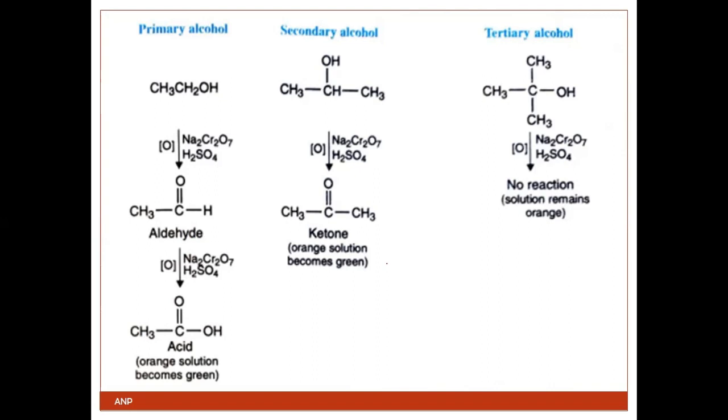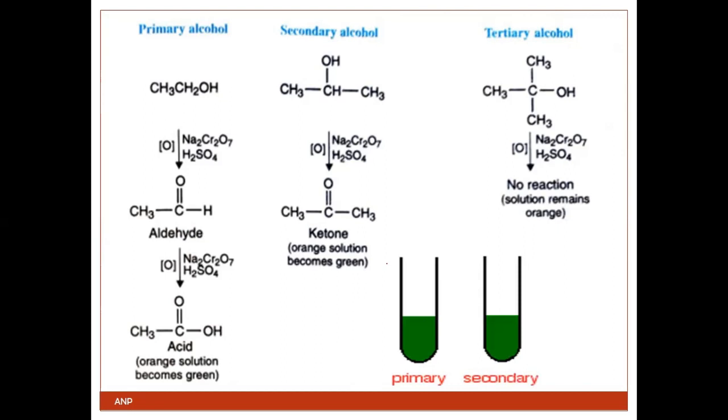Primary alcohols give a carboxylic acid containing the same number of carbons, and there will be a change in color of the solution from orange to green. Secondary alcohol gives a ketone containing the same number of carbons, and there will be a change in the color of the solution from orange to green. And tertiary alcohols do not react under these conditions. The solution will remain orange.